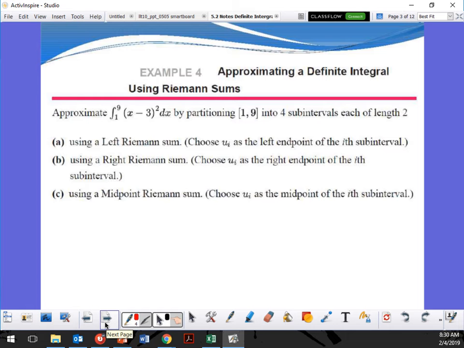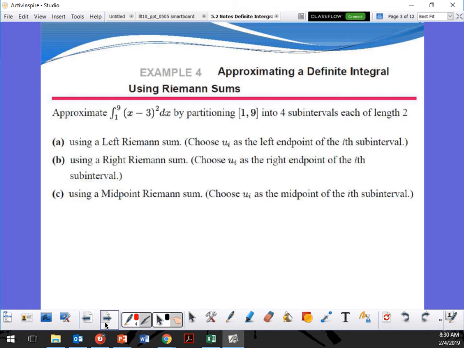So next one. Approximate definite integrals using Riemann sums. Approximate the integral from 1 to 9 of that function by partitioning it into 4 subintervals of length 2. Are those equal size? Yes, it is equal size.